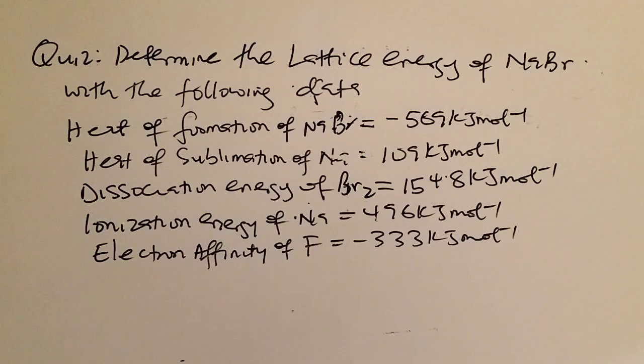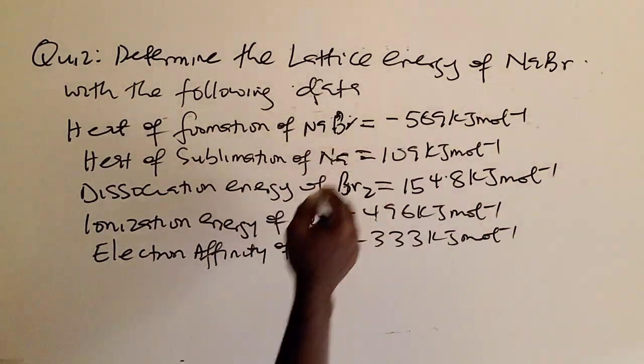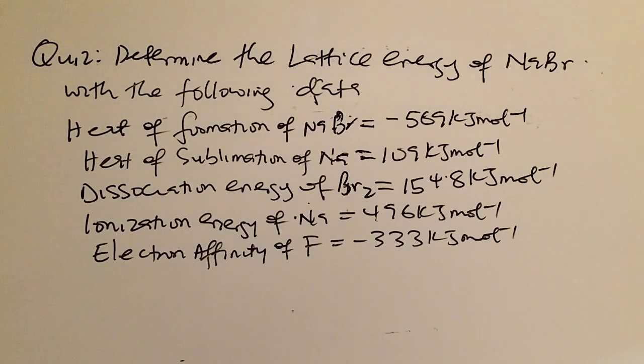Heat of sublimation of sodium equals 109 kilojoule per mole. Dissociation energy of bromine molecule is 154.8 kilojoule per mole. Ionization energy of sodium is 496 kilojoule per mole. Electron affinity is minus 333 kilojoule per mole.